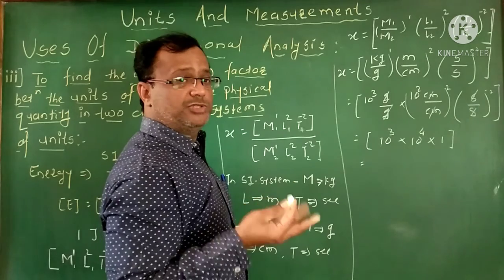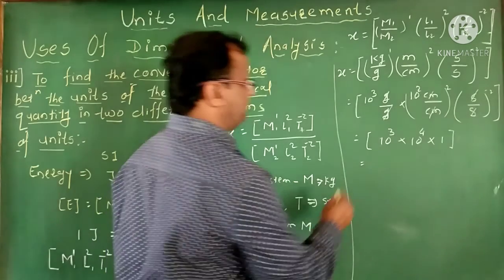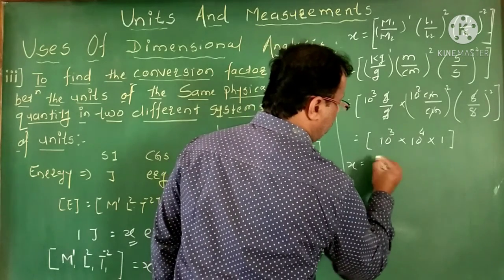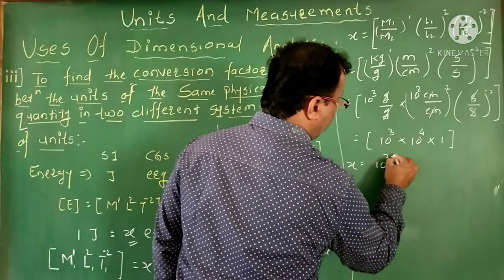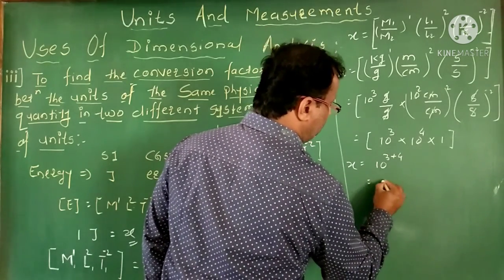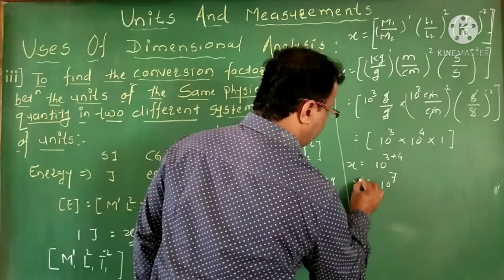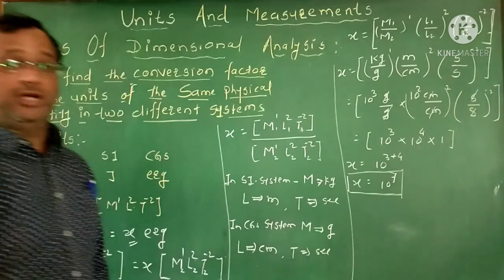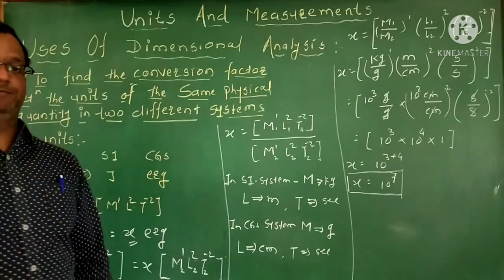Again we use the law of indices. So here the value of x is 10 raised to 3 plus 4, and 3 plus 4 is nothing but 7. It means the value of x is 10 raised to 7.